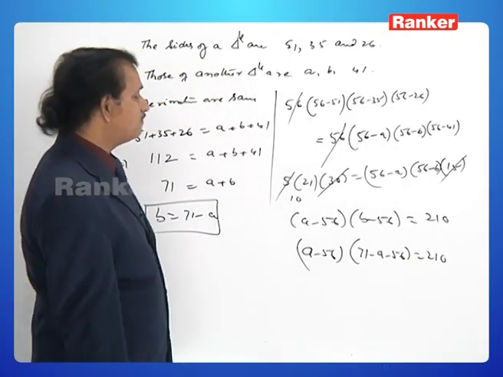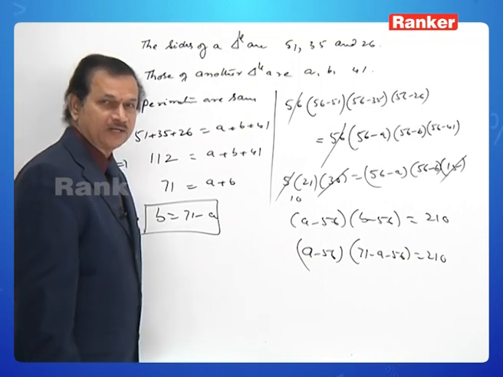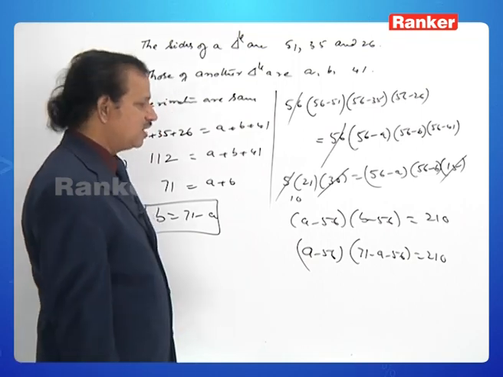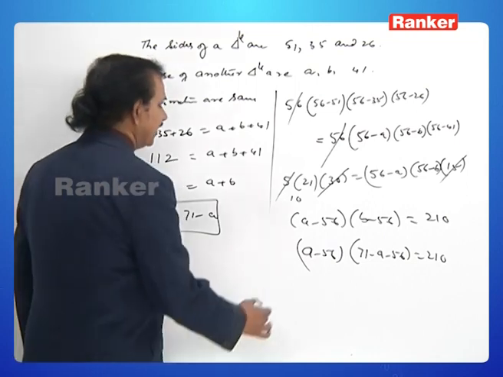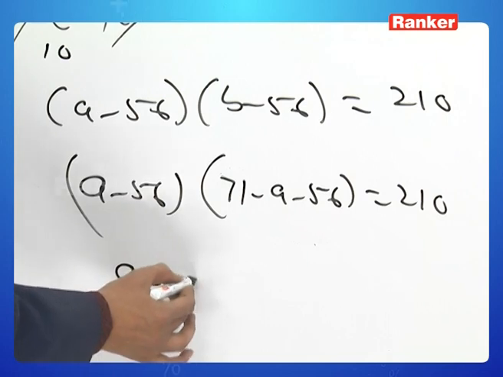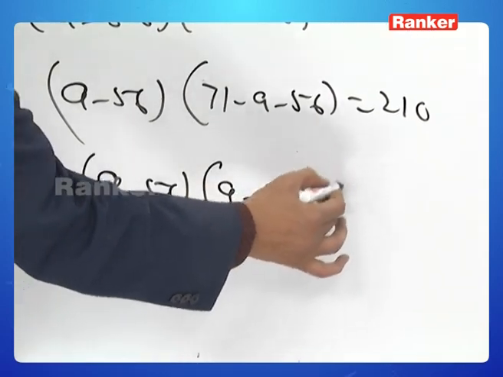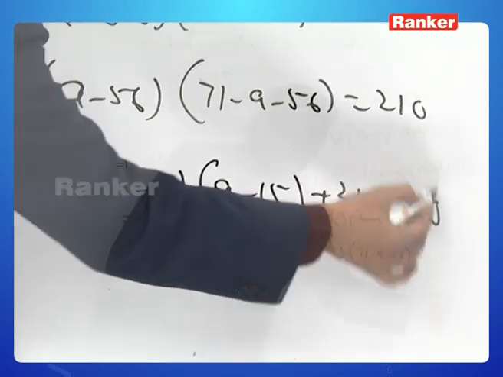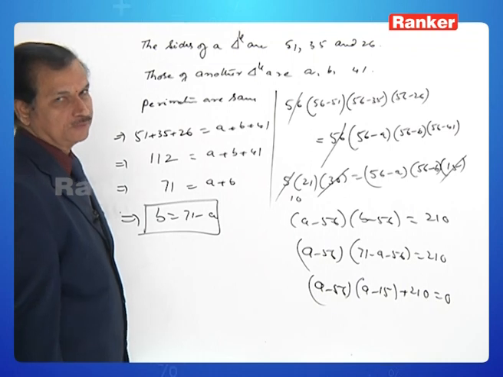What is 71 minus 56? It is 15. So A minus 56 into A minus 15 plus 210 is equal to 0.